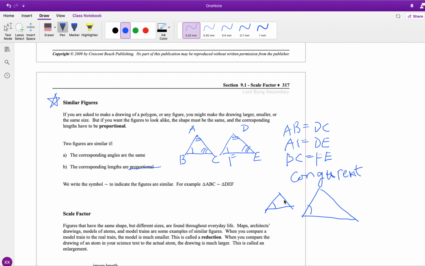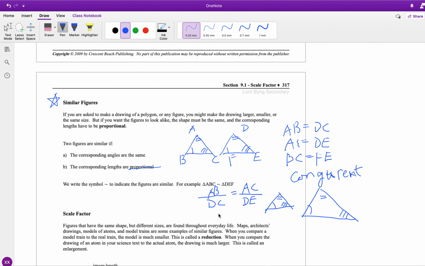However, the corresponding angles are still the same. And the lengths are in proportion, meaning this one versus this one equals this one versus this one equals this one versus that one. So AB compared with DE equals AC compared with DF.